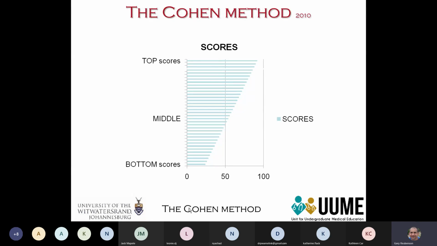What then happens is a measure of the top performing people is taken. Now, it's not the very, very top person, because some cohorts will have people who outperform other cohorts with respect to the top people. So you don't want the absolute top person, because that's not always fair.